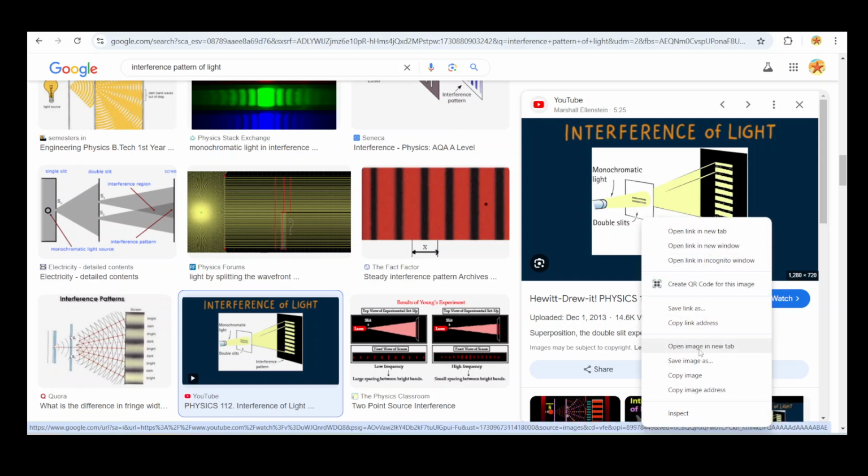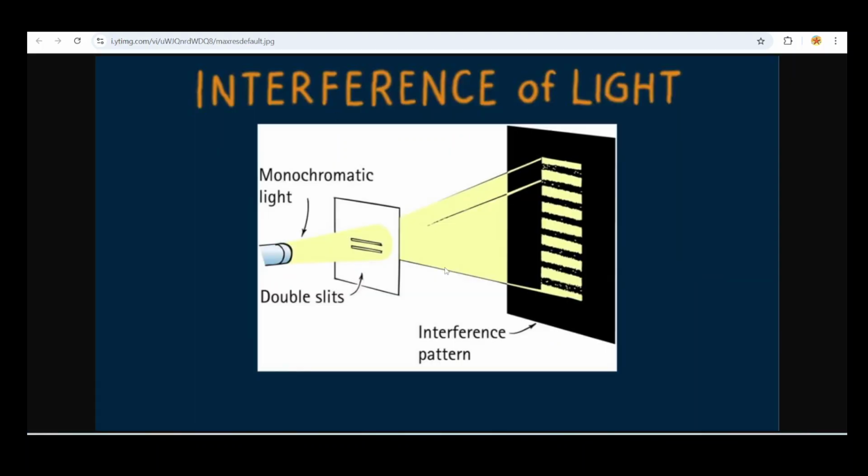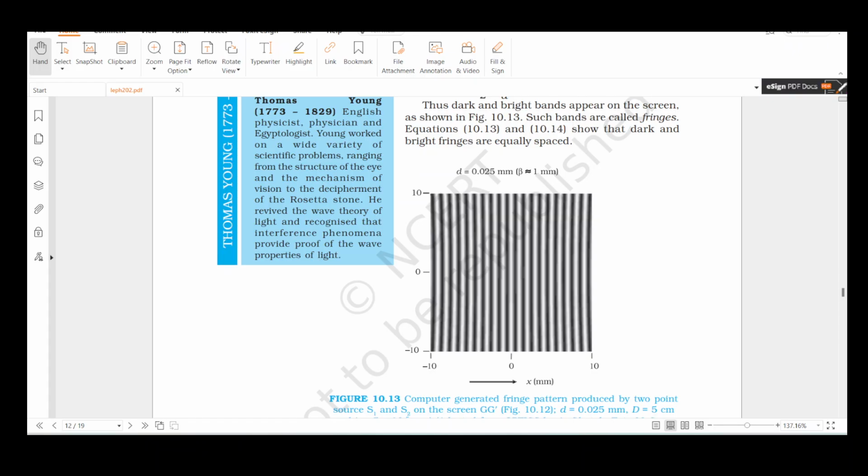So what we have here is there are two slits, two openings, and we send light like this, and it is a monochromatic light. Monochromatic means single frequency. Mono means one, chromatic is related to frequencies. So a single frequency light is exposed on the slits, and you get an interference pattern on the screen. And that interference pattern is exactly what is shown in the textbook here, 10.13.